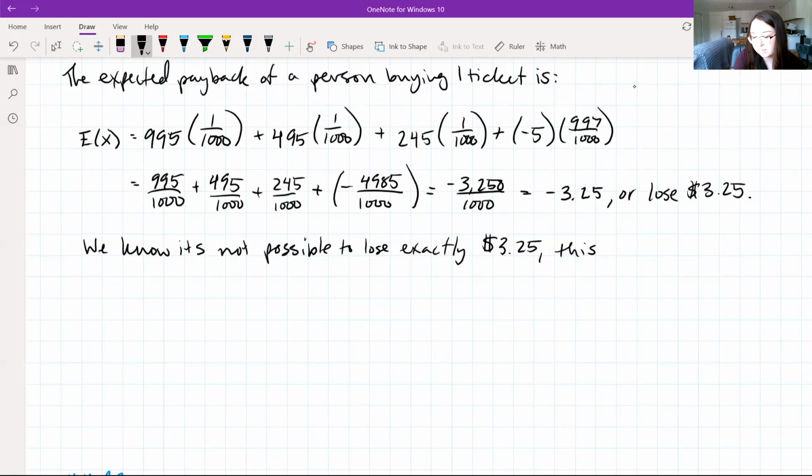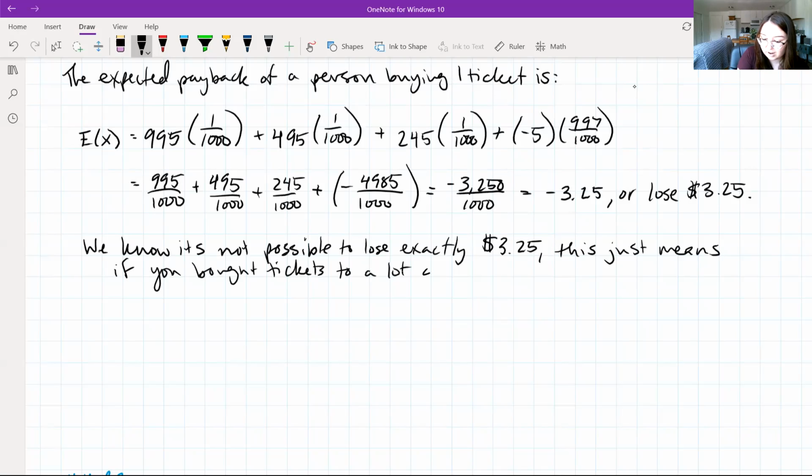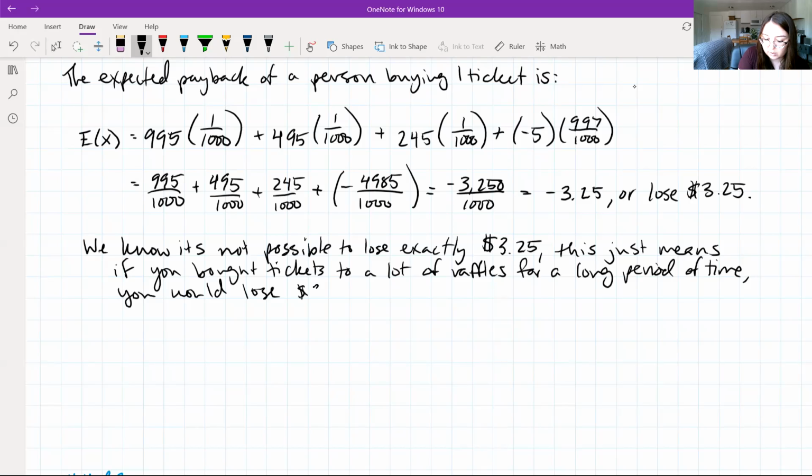This just means if you bought tickets to a lot of raffles for a long period of time, you would lose $3.25 on average.